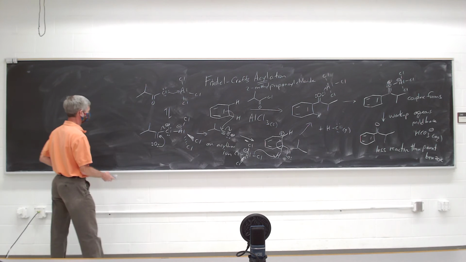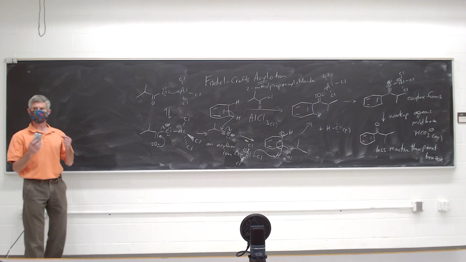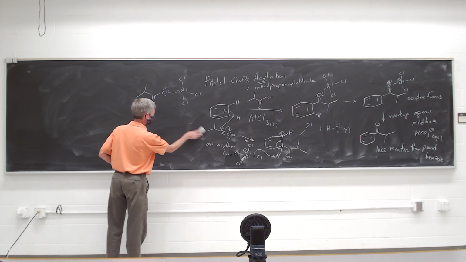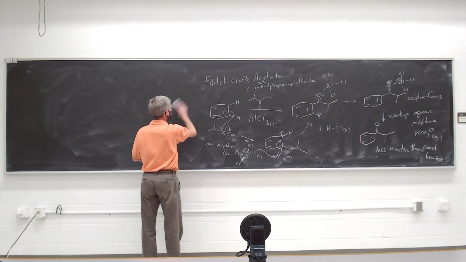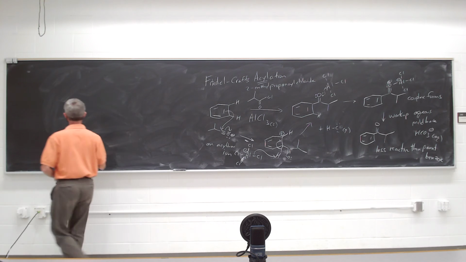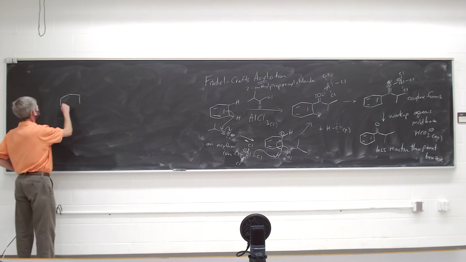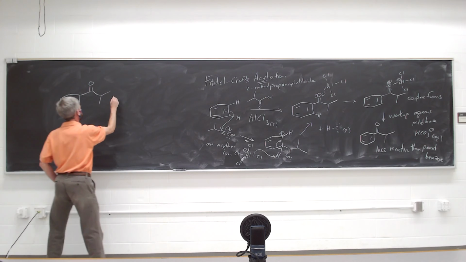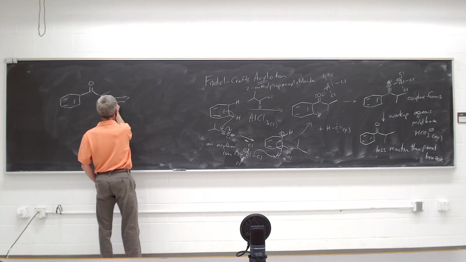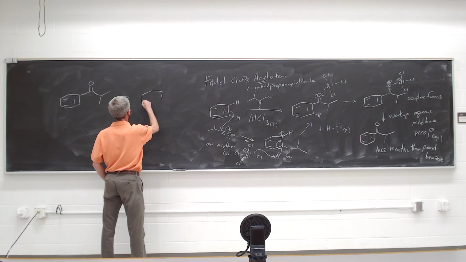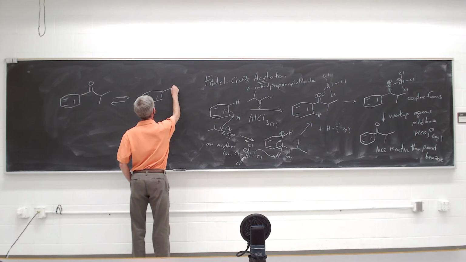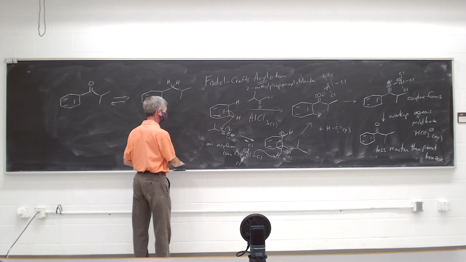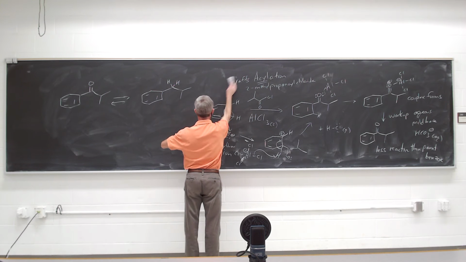One of the nice things about the Friedel Crafts acylation is that alkyl groups and acyl groups can be interconverted. So once you make that acyl group, it is possible to convert that to the alkyl group, both forward and backwards. You already know two different ways of doing that.